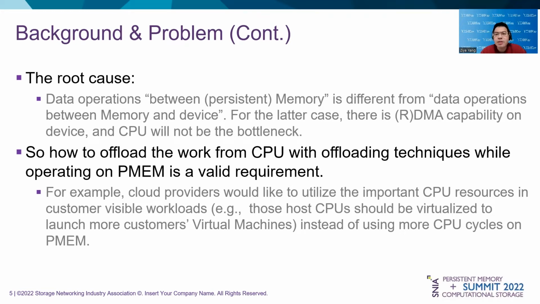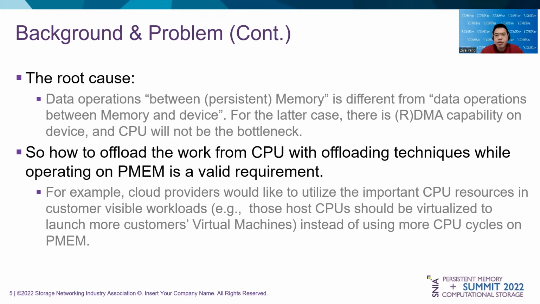For the latter case, there is DMA capability or RDMA capability on such a device, and the CPU will not be the bottleneck. So how to offload the work from the CPU with offloading techniques while operating on persistent memory is a valid requirement. For example, cloud providers would like to utilize the important CPU resources in customer-visible workloads.